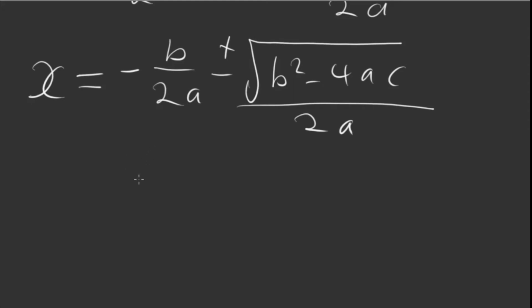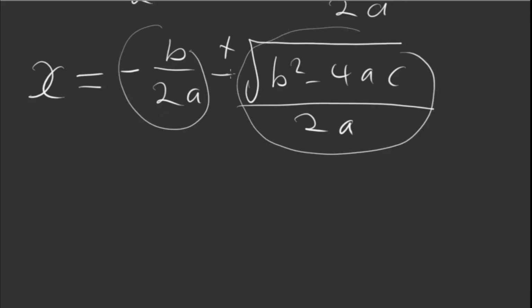So friends, the same thing here. Regard this as a fraction, and this as a fraction, and this as a fraction also. So you have b divided by 2a minus this fraction.